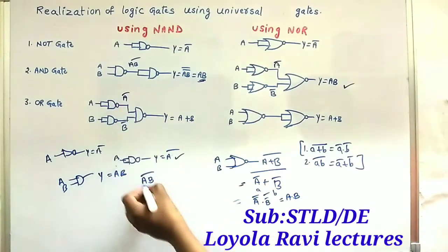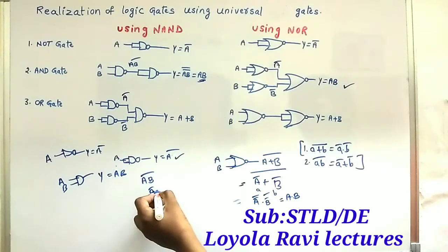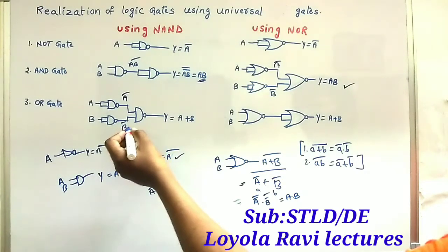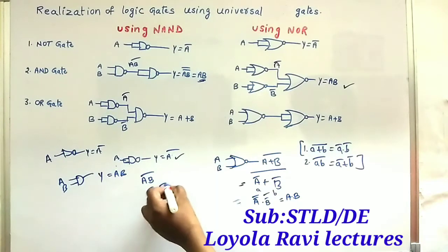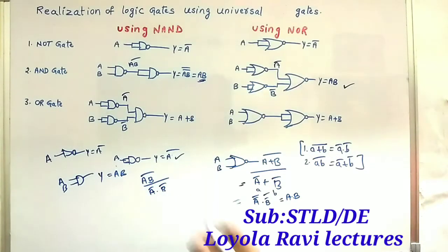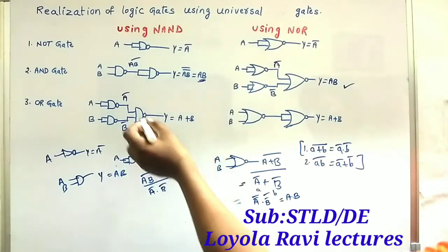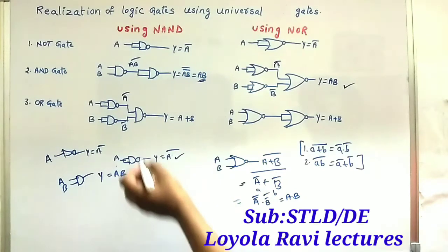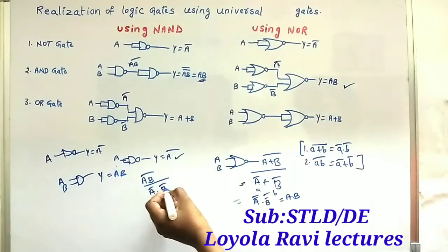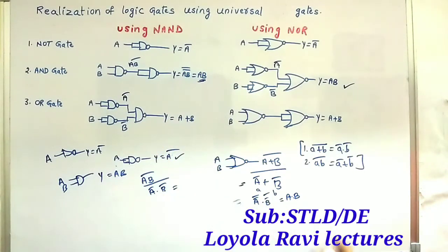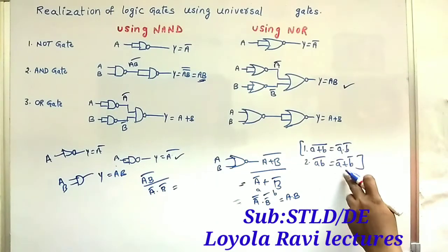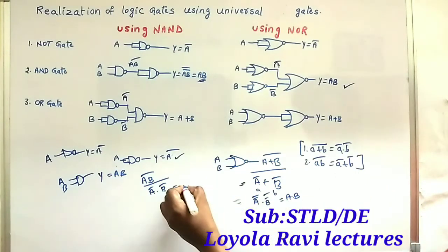What is A bar, what is B bar, and whole bar: A bar, B bar, whole bar. This is a NAND gate, and the NAND gate output is (AB) whole bar. In place of A we have A bar, in place of B we have B bar. If you simplify that, (AB) whole bar is nothing but A bar plus B bar.